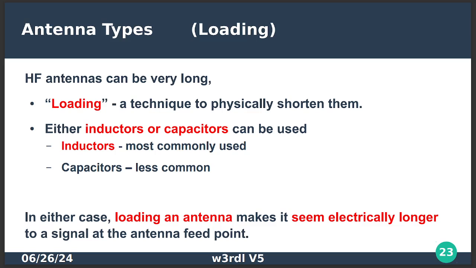HF antennas can be very long, just like the 40-meter antenna that I've got stretched out across my backyard. It's up high enough it doesn't bother my wife, so I did that right at least. Loading is a technique to physically shorten the antenna. When you look at the antenna on Bob's car compared to the antenna on my Jeep, you'll notice that his antenna is at least twice, if not longer, than mine.